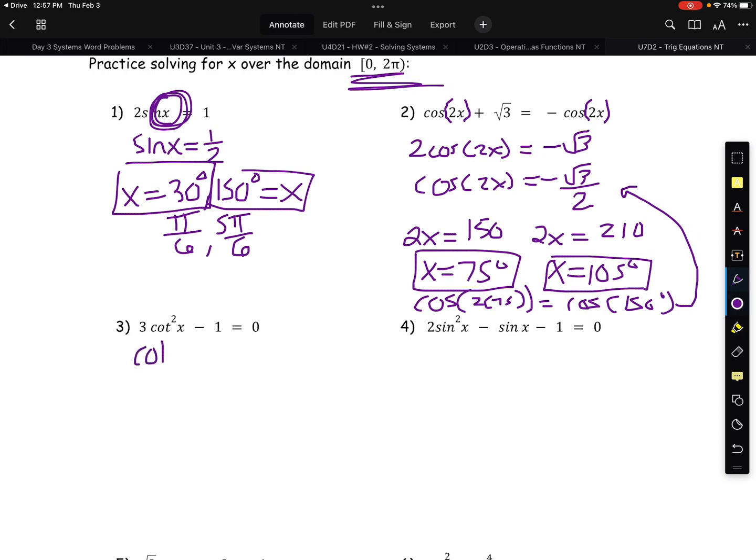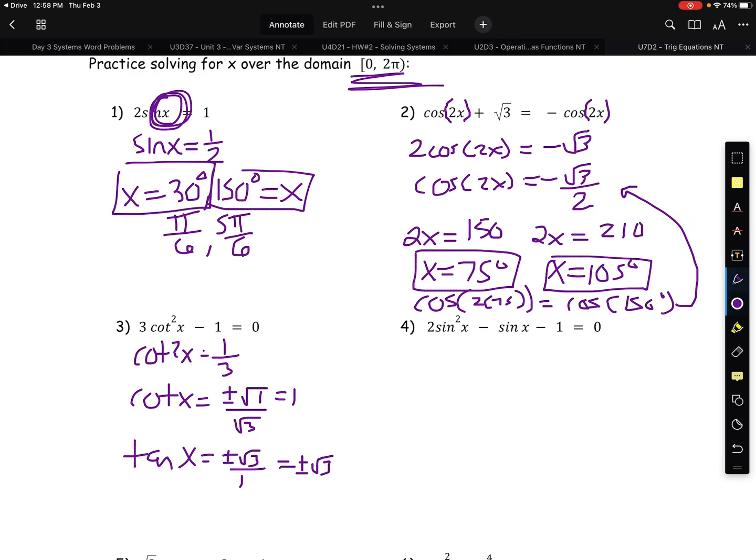All right, cotan squared x equals 1/3. Square root it. Cotan x equals positive negative 1 over rad 3. Well, if I flip it, I get positive negative rad 3 over 1, which is just positive negative rad 3.